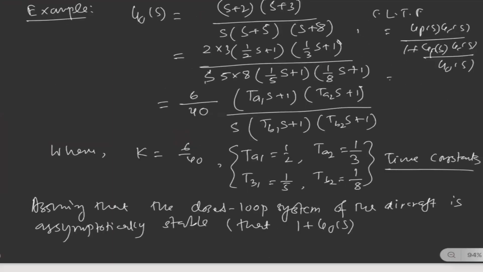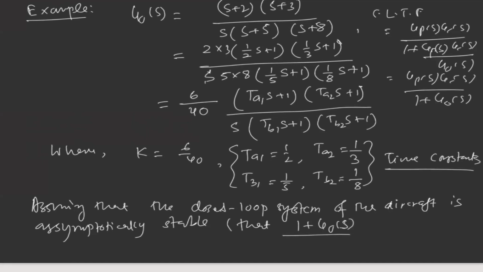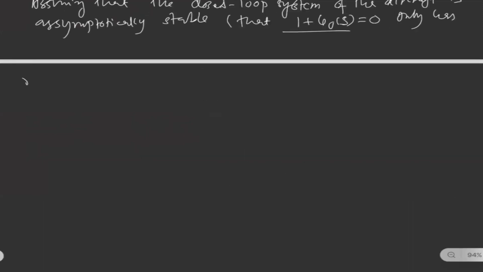And further we can write Gp of S, Gc of S divided by 1 plus G naught of S. So the characteristic equation of the closed loop system, 1 plus G naught of S equal to 0, only has roots with negative real parts.